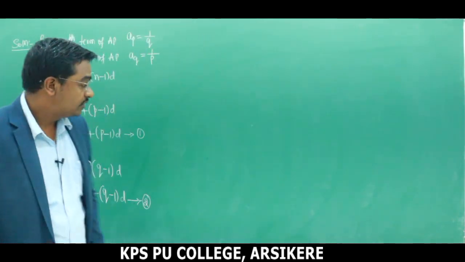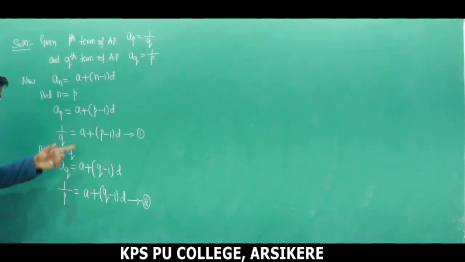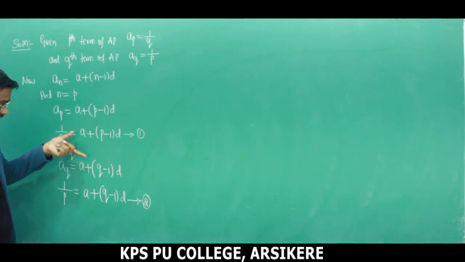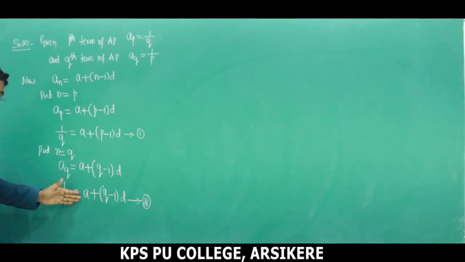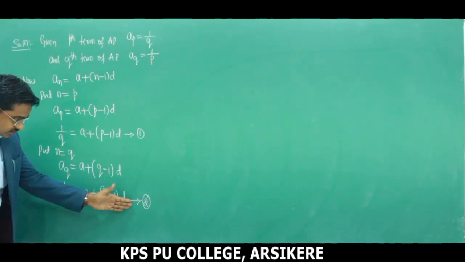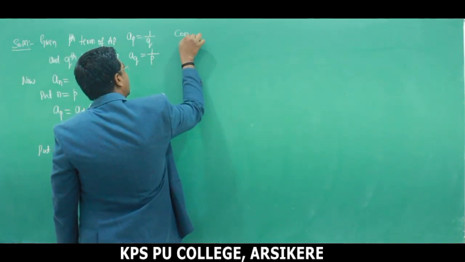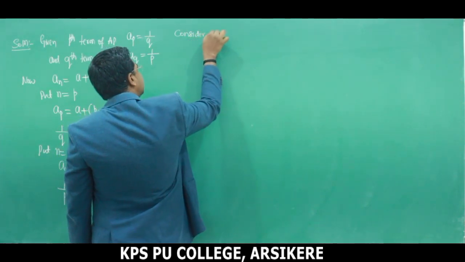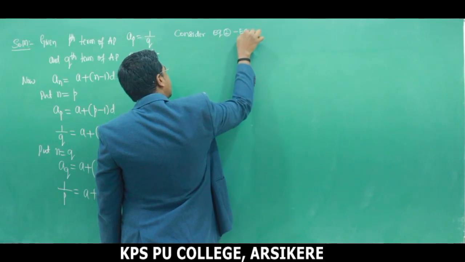Next, we need to eliminate a. In both equation 1 as well as equation 2, the coefficient of a is 1. That's why you can cancel these two terms easily. Consider equation 2 minus equation 1.